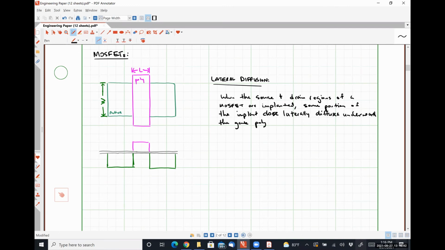So what we would actually observe is that instead of having this nice rectangular profile, it might look something more like this. It'll kind of round off, and some of it will be out underneath, and we should see that we'll actually have swelling on the other side too, but it doesn't really matter quite as much.